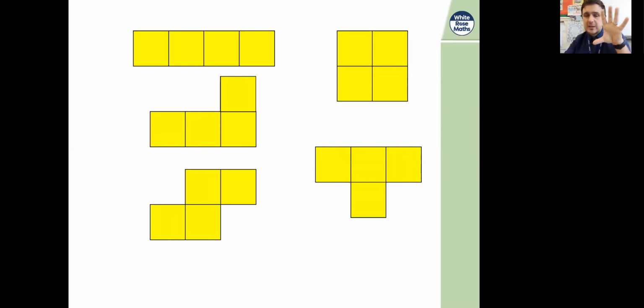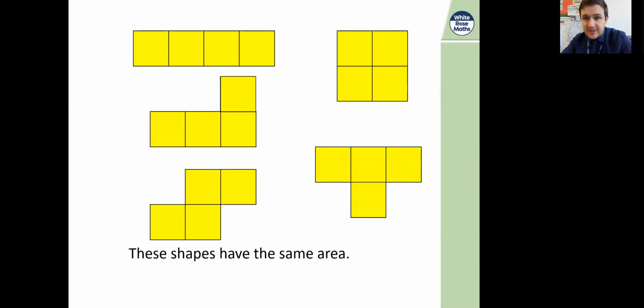All of those yellow shapes are made up of 4 squares, 4 exactly similar squares, what we call congruent squares. They have the same area. Okay, 1, 2, 3, 4 squares in each one.